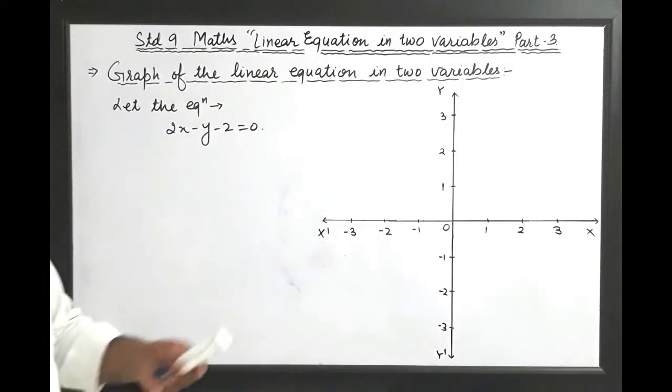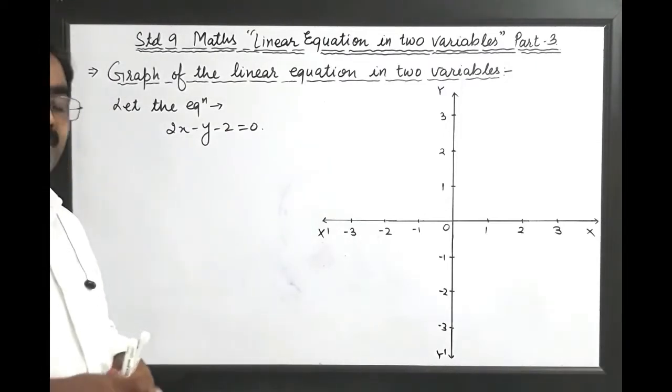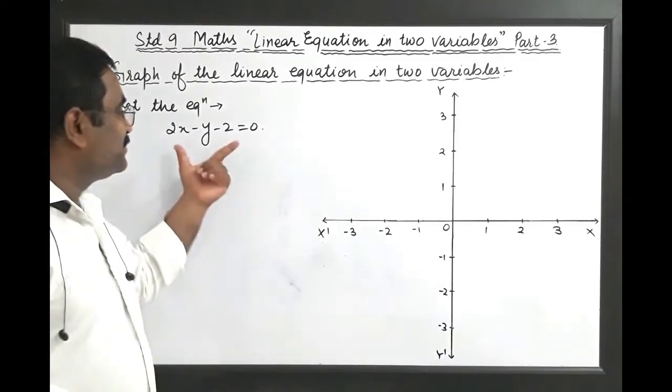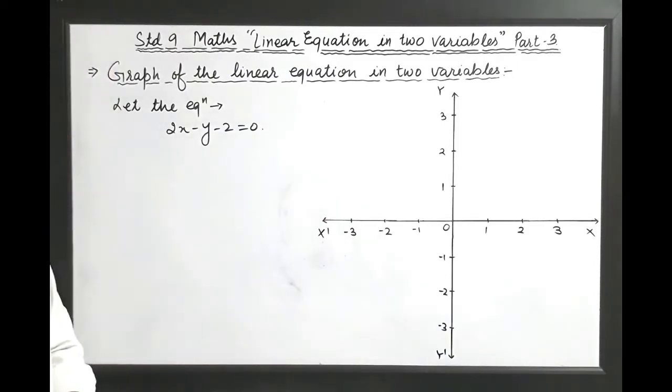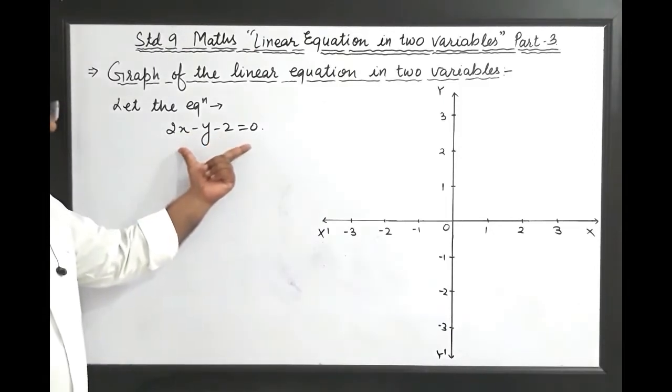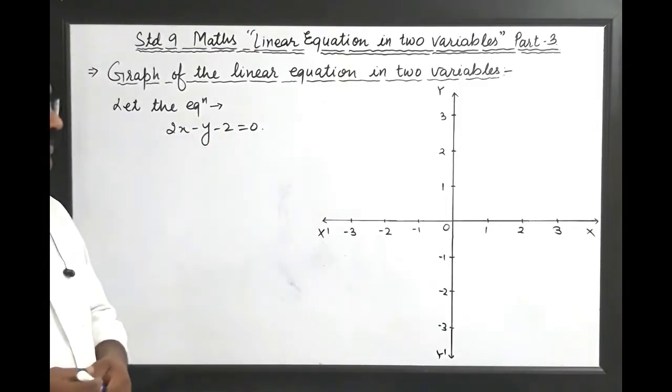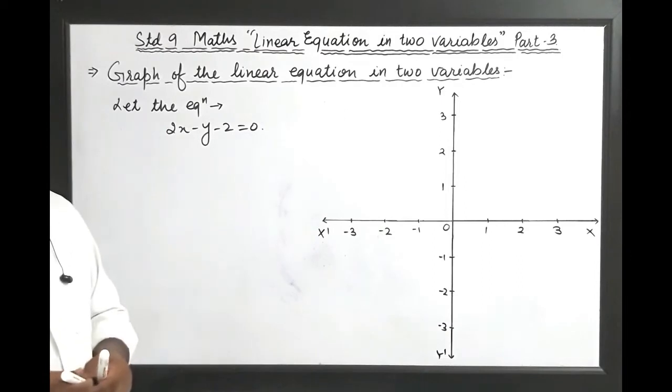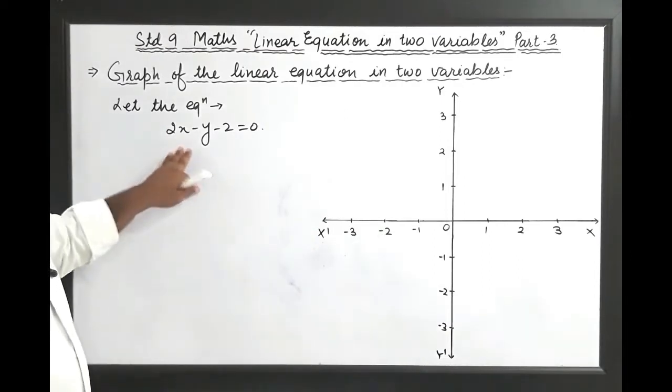At least 2 solutions we have to find, but for the verification, at least we are going to find out the 3 solutions of this equation. So to find the solutions of this equation, we have to solve this first of all.